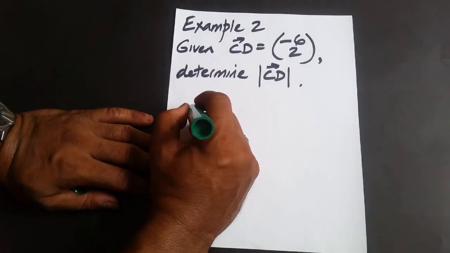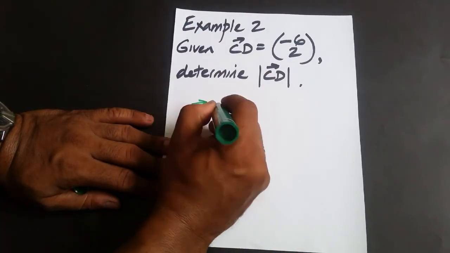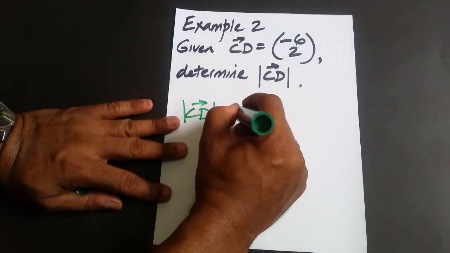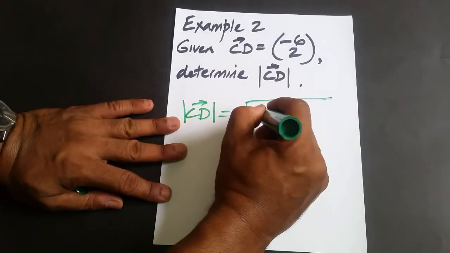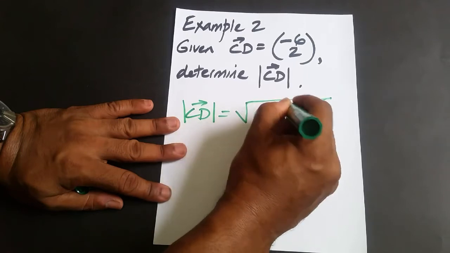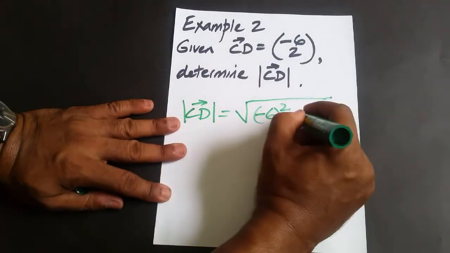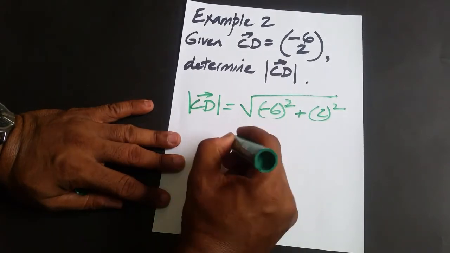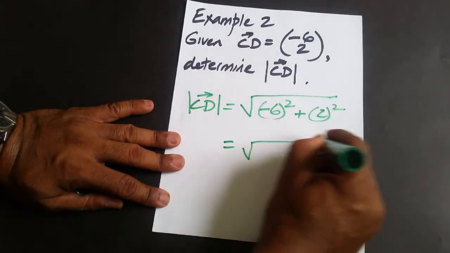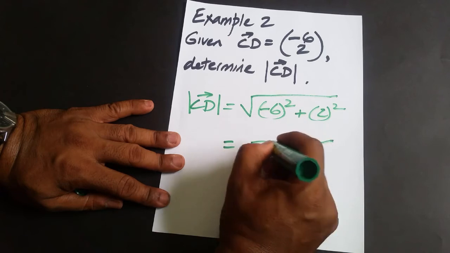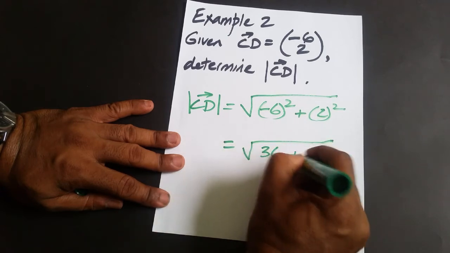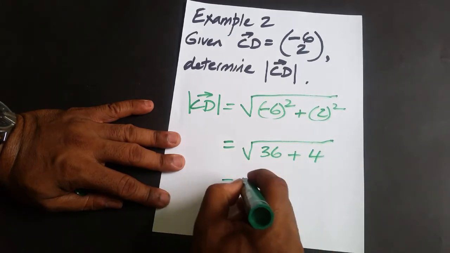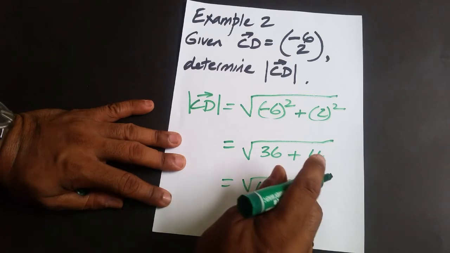So quickly, the magnitude of CD is simply equal to the square root, and it must be in bracket, (-6) squared plus (2) squared. So this is going to be the square root of 36 plus 4, which is the square root of 40.